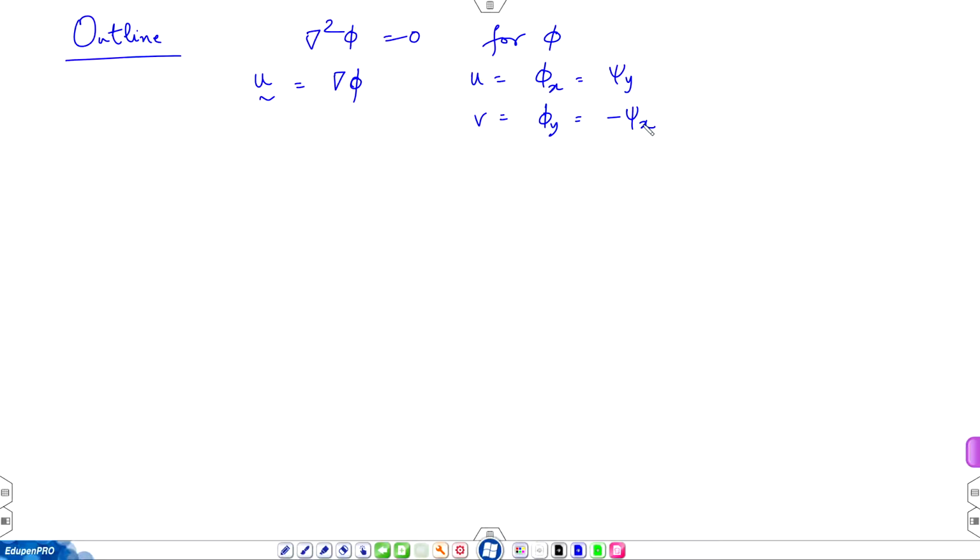Then once you have the velocity distribution, you can find pressure from Bernoulli's equation.